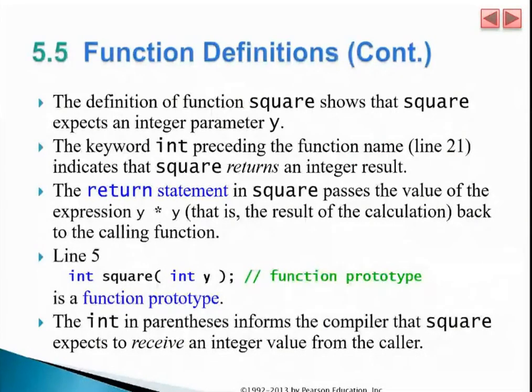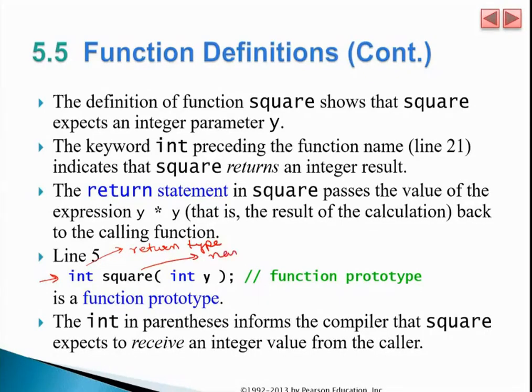Now, on line number 5, we have defined a prototype of a function. What do we mean by prototyping of a function? Let's see here. When defining the prototype of a function, what you have to mention is the return type of the function. What is the value that the function will return?